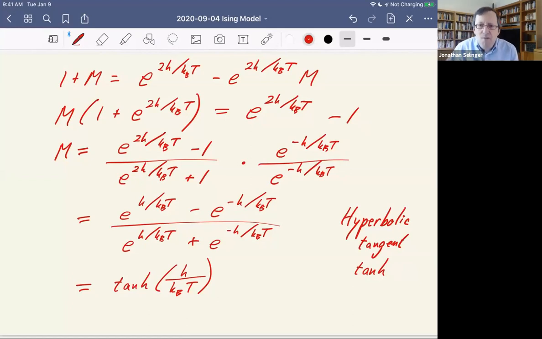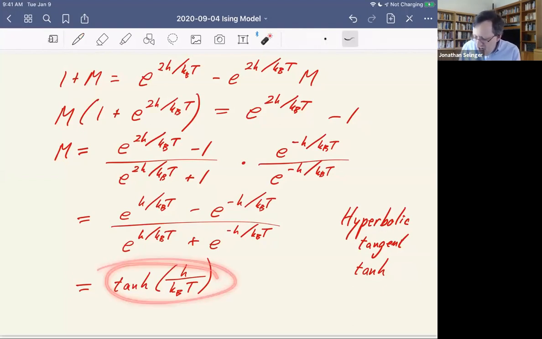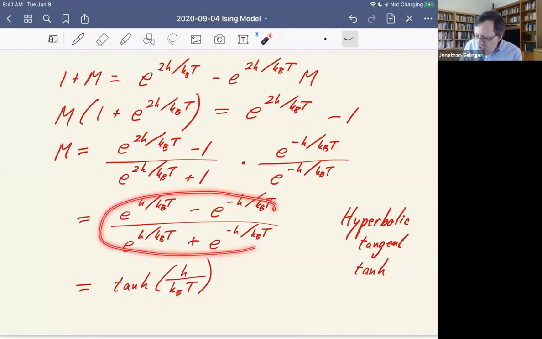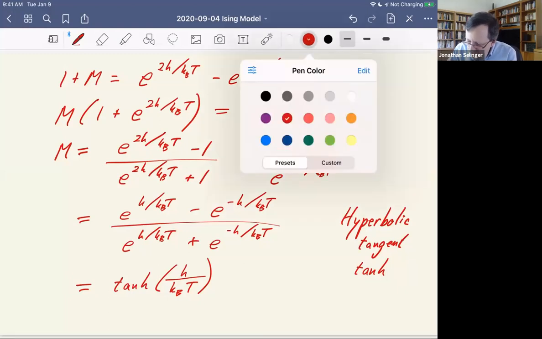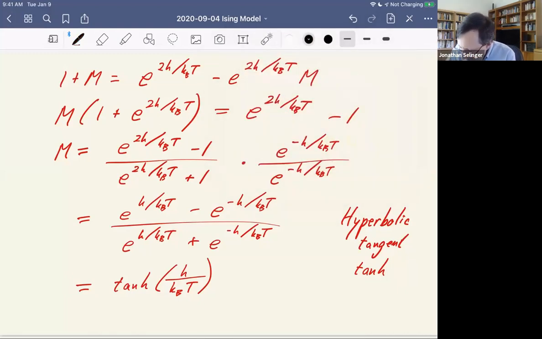So you might or might not be familiar with this hyperbolic tangent notation, but you know, you can always go back to this kind of thing and say, what do you get for different limiting cases? Okay, so for example, suppose we have h equals 0.